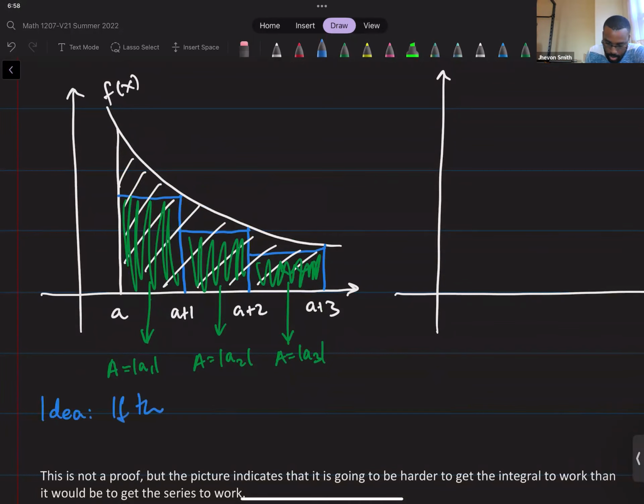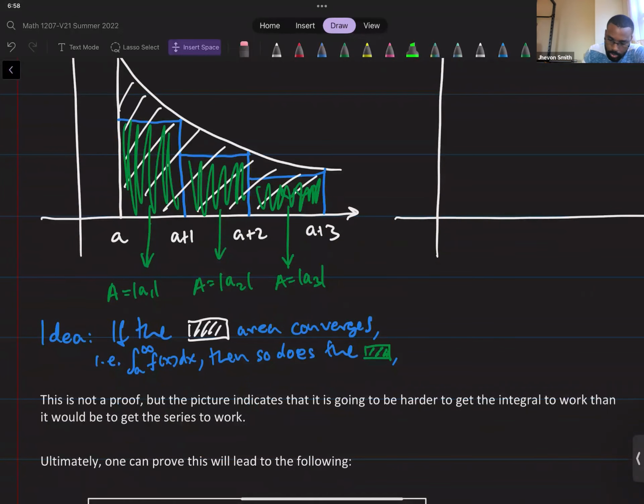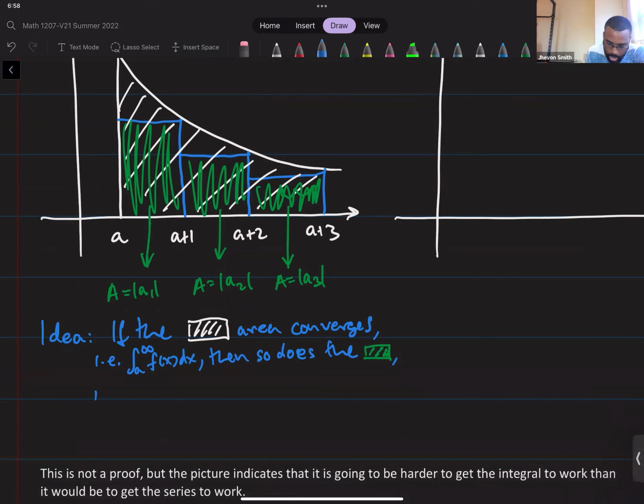If the white area converges, i.e. the integral from a to infinity of f of x dx, then so does the green area, i.e. the summation from a to infinity of a_n, by the comparison theorem.